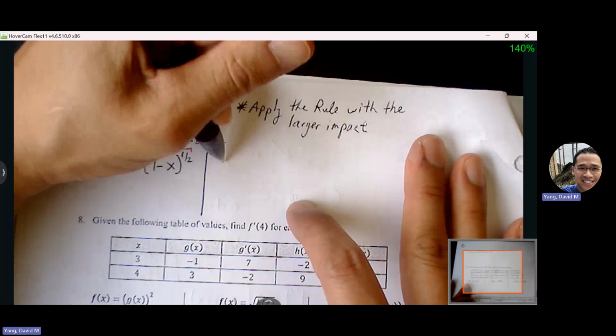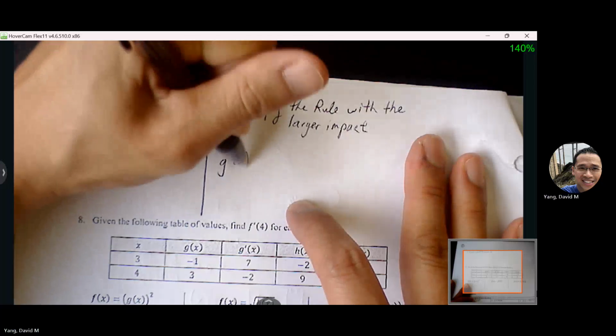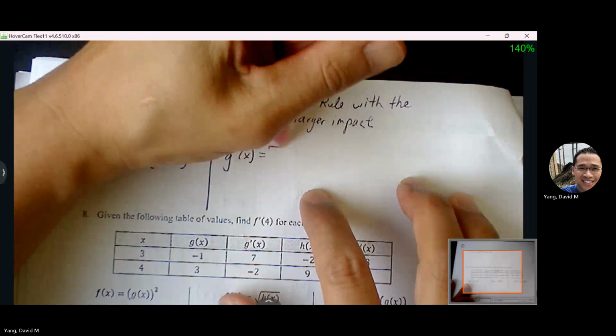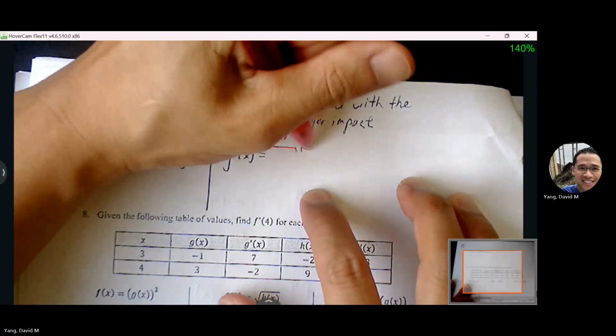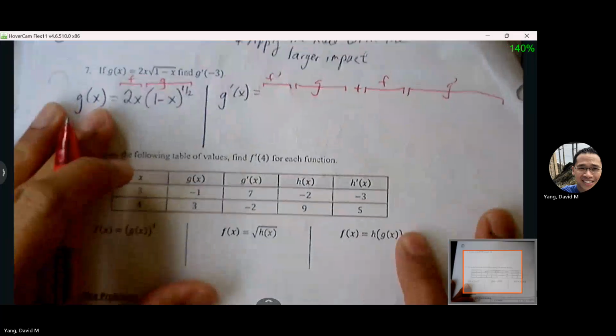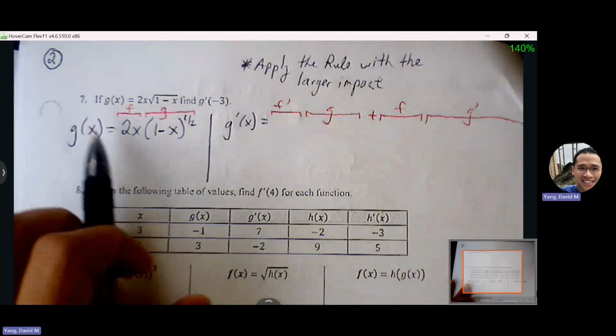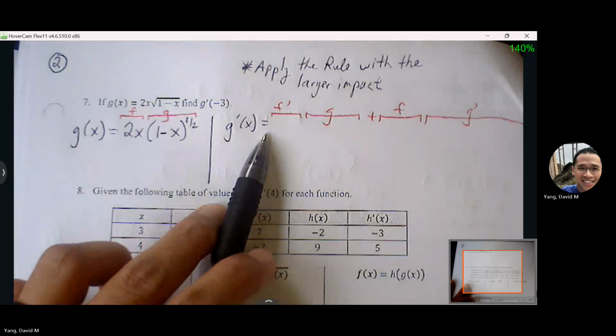Okay, so let me set up G prime. F prime G plus F G prime. So 2x becomes what? 2.